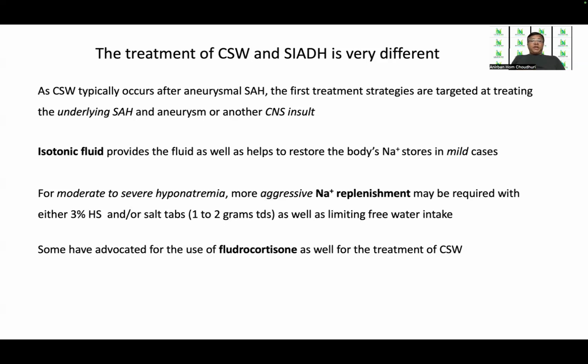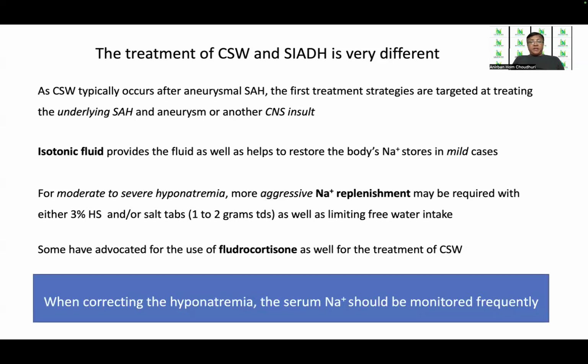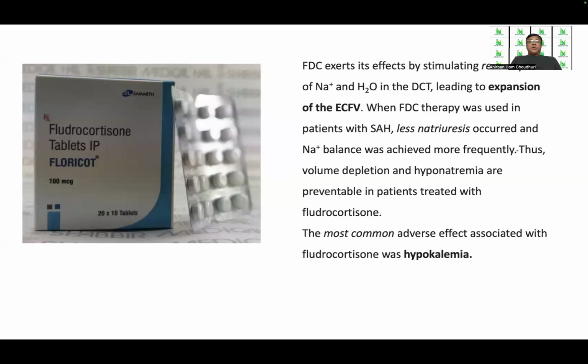However, many have advocated the use of fludrocortisone also for the treatment of cerebral salt wasting. But it is very important to watch the sodium when correcting hyponatremia, because if there is overcorrection, there is again the increased risk of central pontine myelinolysis and other conditions, including seizures, during correction of sodium.